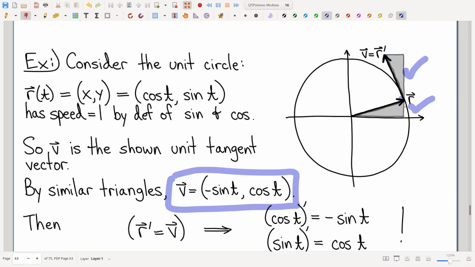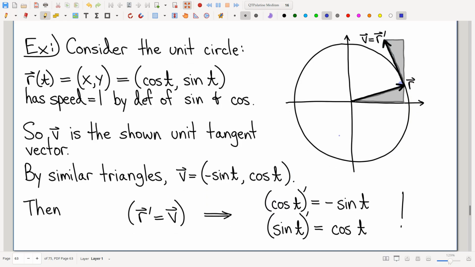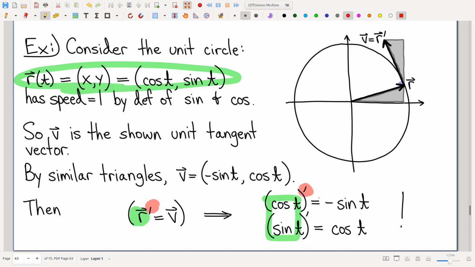Okay. All right. But wait a second. We also know that velocity is the derivative. So, let's put this all together. Position, which has these coordinates, if you take the derivative, and of course we take derivatives one coordinate at a time, we know that the result will be the velocity, which we just argued here.